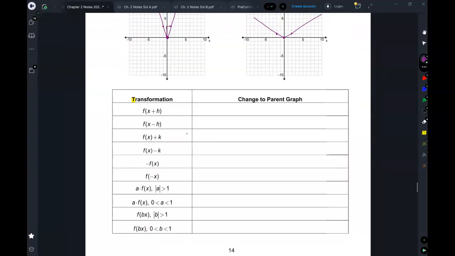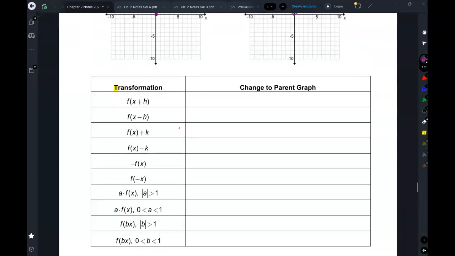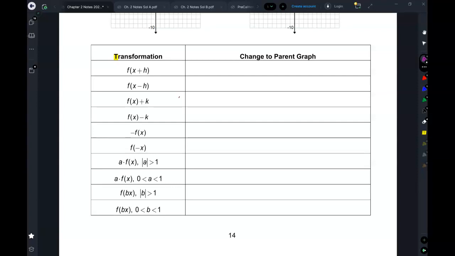Let's take a look at these now. Now that everything is fresh in our mind, let's summarize. Whenever you have f of x plus h, what happens to the graph? It moves left h units.